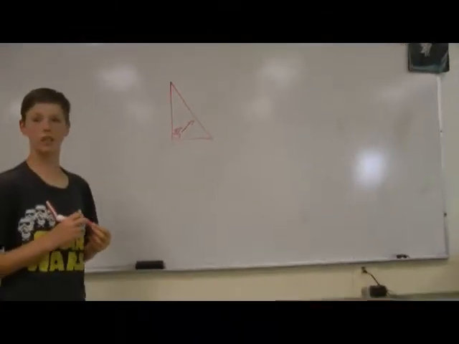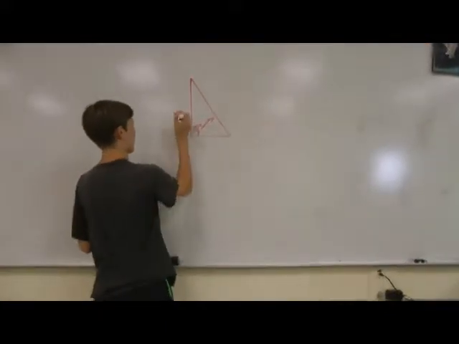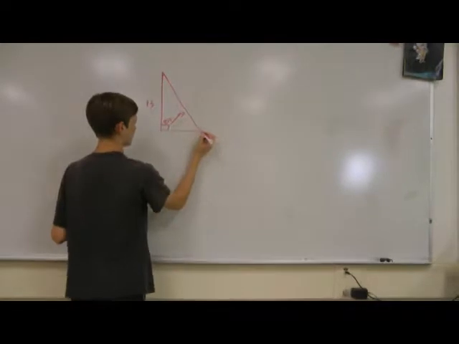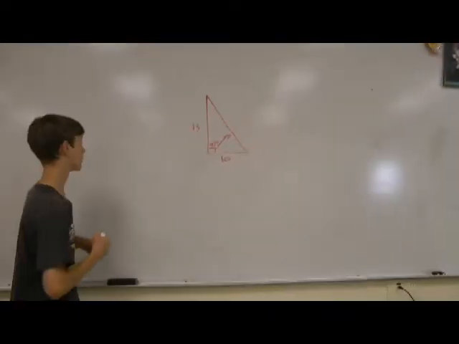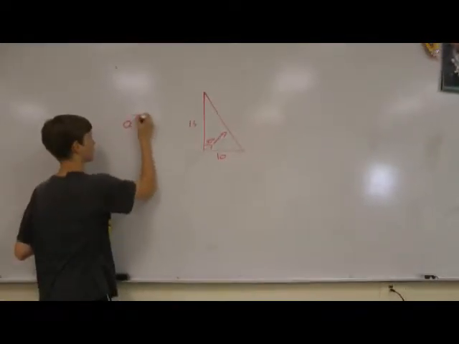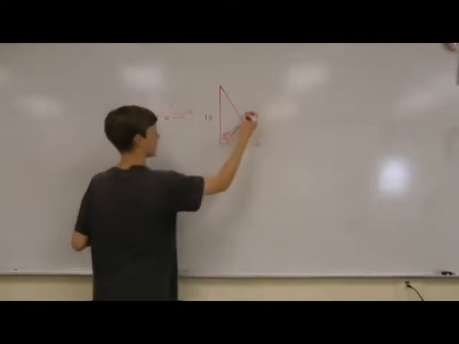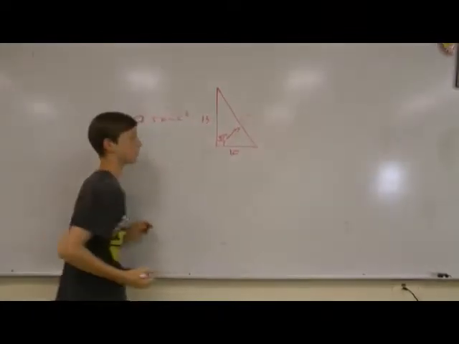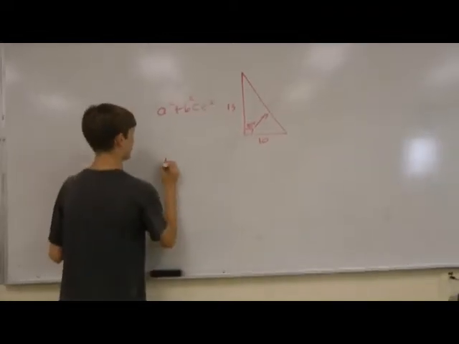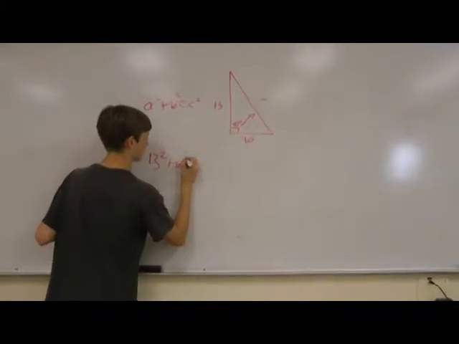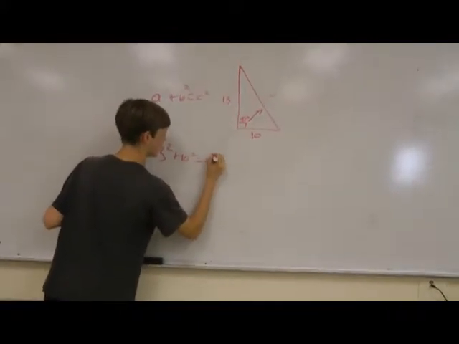In the context of this problem, a is 13, and the base, which is b, equals 10. Now the formula, a squared plus b squared equals c squared. The hypotenuse is c squared. Plugging in the numbers, 13 squared plus 10 squared equals c squared.